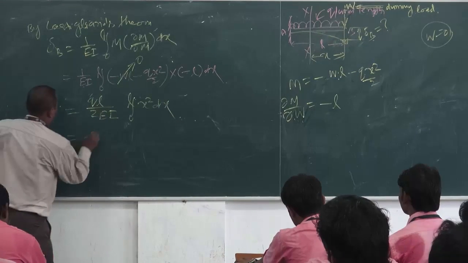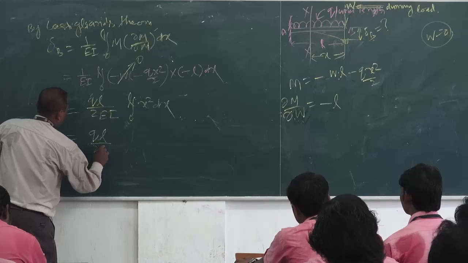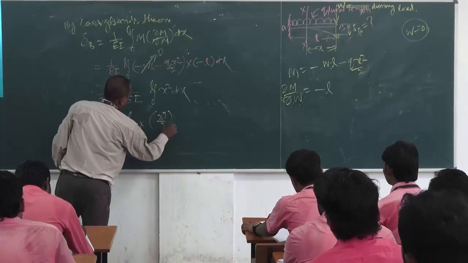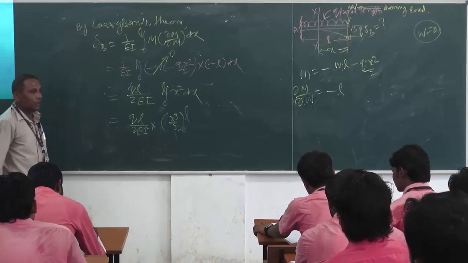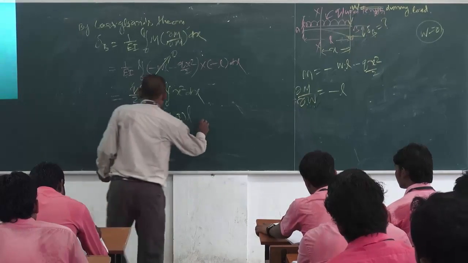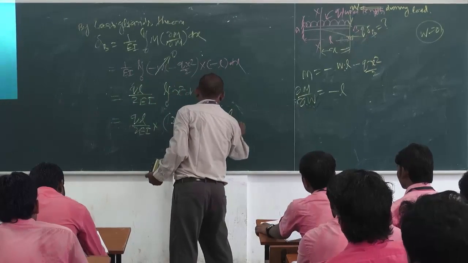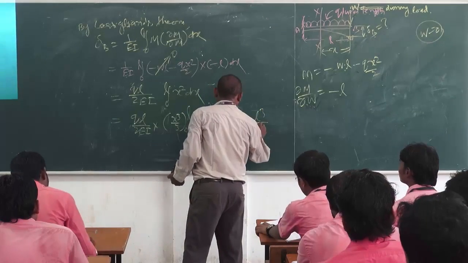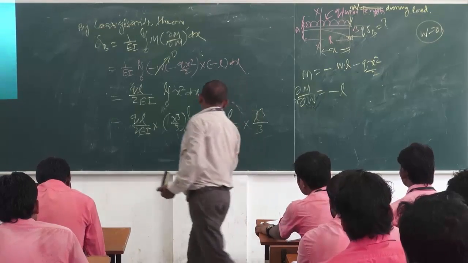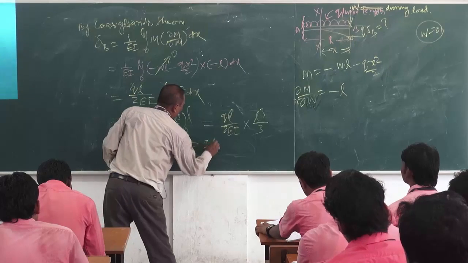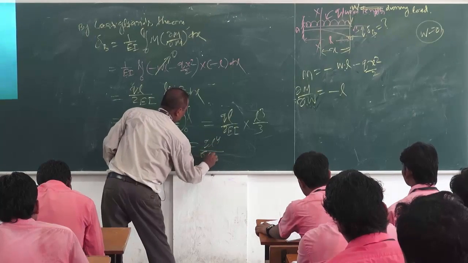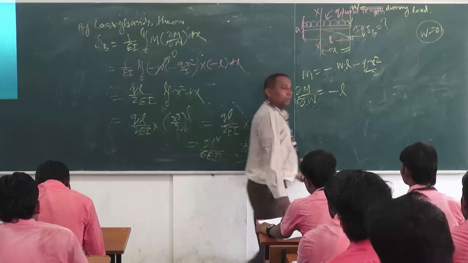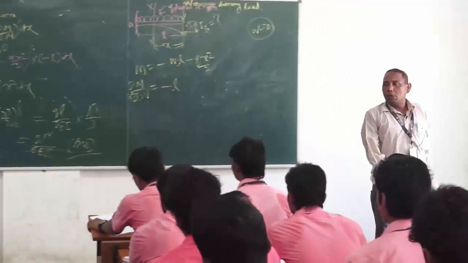And this value is equal to qL by 2EI into x cube by 3 from 0 to L. And this is equal to qL by 2EI into L cube by 3. And this is nothing but qL to the power 4 by 6EI. And this is your answer.